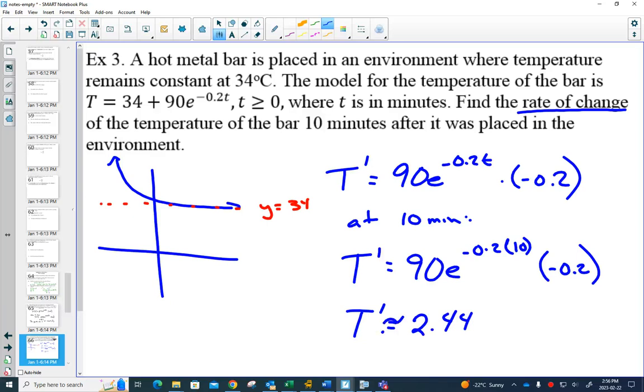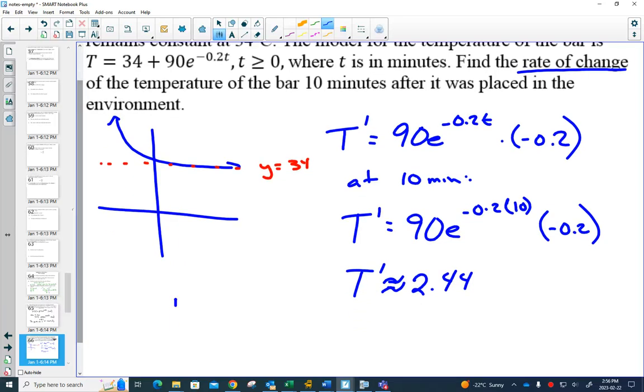There's degrees, my approximation sign. A negative sign there. There's a negative sign in my temperature, but when I'm writing a statement of this, can you see that I can include the negative sign by just using the word cooling?